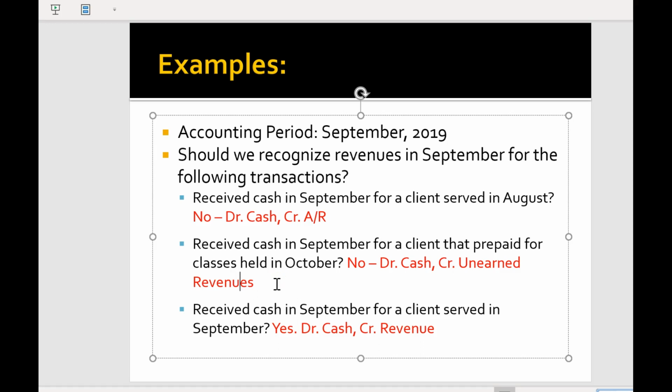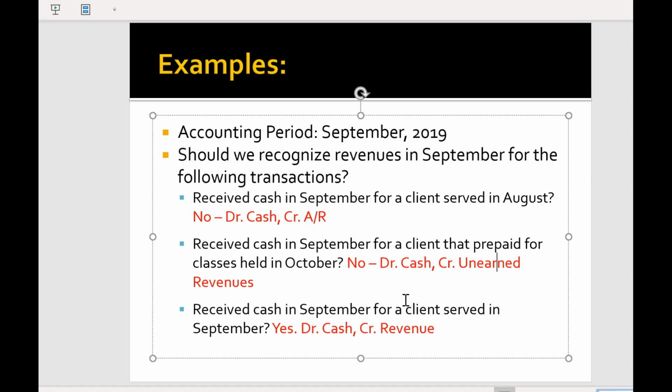Unearned revenue will be recognized as revenue whenever the service is provided. So for example, here in October, if half of the service that the customer subscribed to is provided, then we recognize half of it as revenue. So let's say it's $100 cash, $100 unearned revenue.